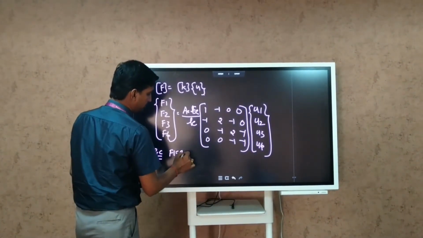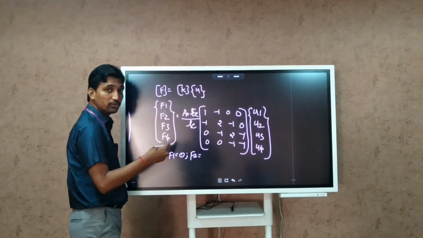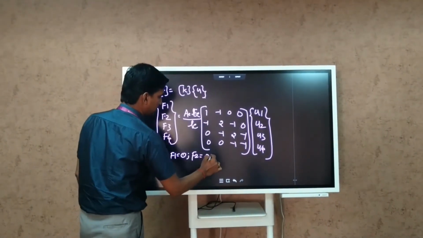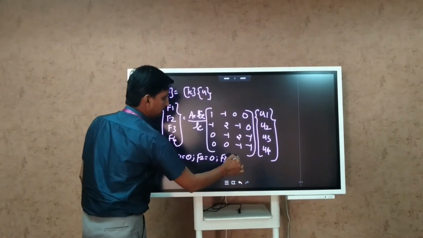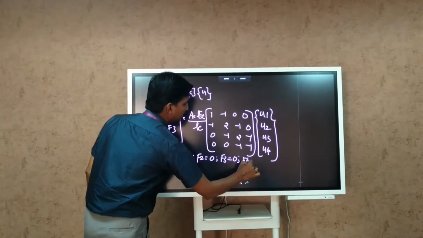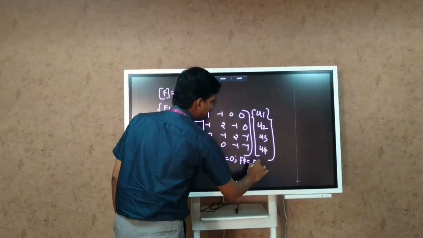That's why it has been fixed as 0. Similarly, F2 also I am not going to apply any force. That's why it is marked as 0. Similarly, F3 also I am not going to apply any forces. That is why it is marked as 0. But whereas in F4, I am going to apply the force. That's why it has been represented as P.